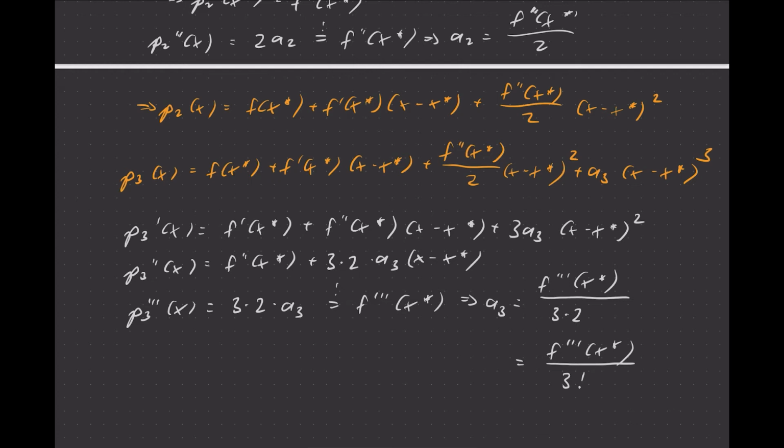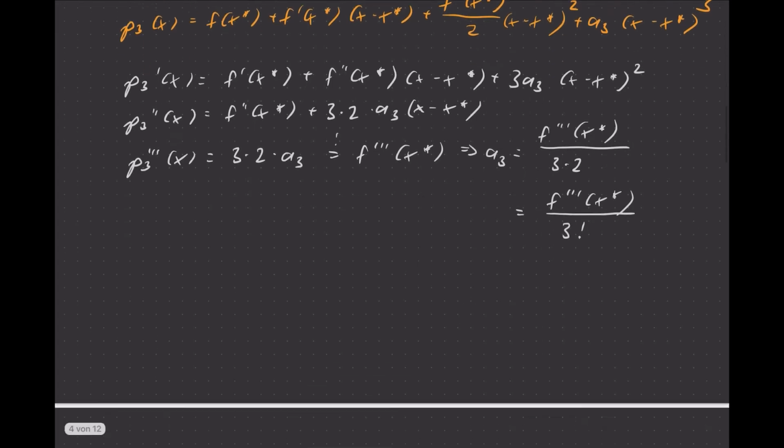Yeah, because what you can see here is this factor that comes ultimately from this exponent. And in each differentiation step, we take the current exponent, reduce it by 1, and put that current exponent in front of that factor here. So we get 3, then we get 2, then we get 1 in the next step formally. So if we had a polynomial of degree 4, then for that fourth degree part, we would get 4 times 3 times 2 times 1 in the end.